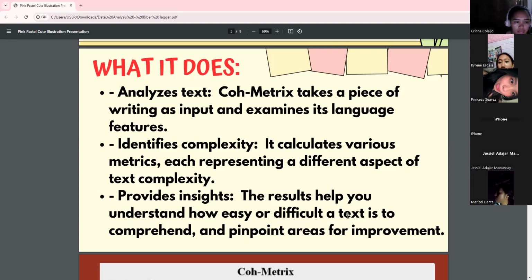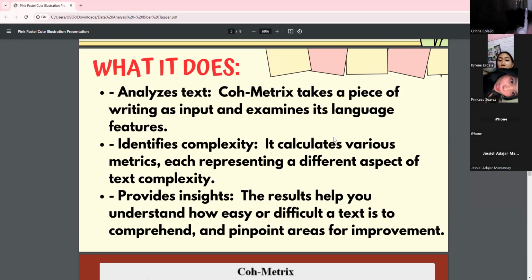So what it does: Coh-Metrix takes a piece of writing as input, examines its language features, identifies complexity, and calculates various metrics, each representing a different aspect of text complexity.